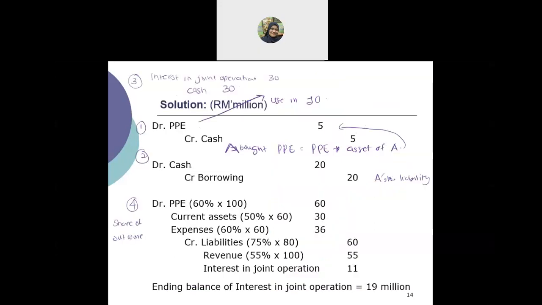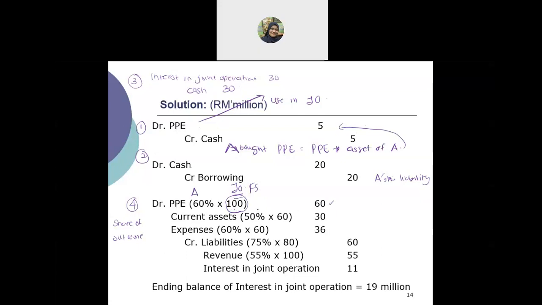So for example, for PPE, the amount is 100. You look at the JO financial statement, joint operation financial statement. You have 100 PPE. From that 100 of PPE, A shares 60%. So the proportion for A here will be 60.